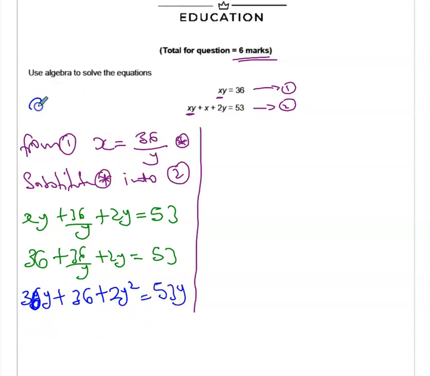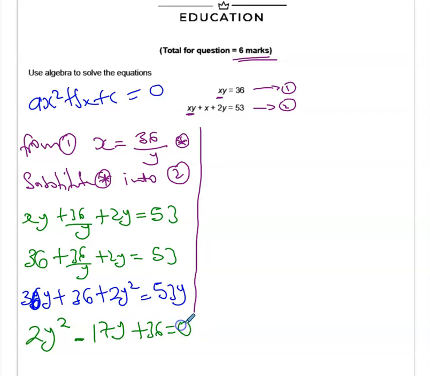Shall we rearrange so we have ax squared plus bx plus c equal to 0? So that should then give us 2y squared minus 17y add 36. How do we get that? You need to subtract 53y from both sides. Okay, so you want to do that, and that should give you this as our quadratic equation.